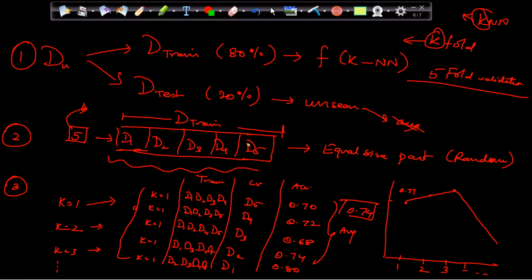Once this is done, I got the accuracy from this plot. I got the nearest neighbor, everything is coming from here, the D train data. Then, as the fourth step, I will use my test data to get the accuracy.